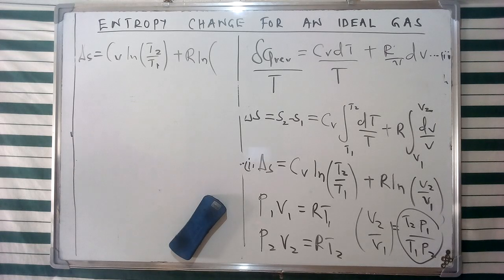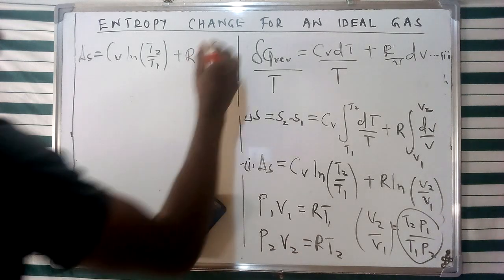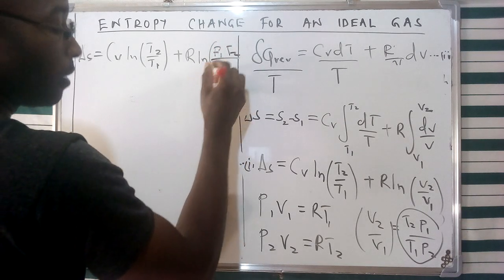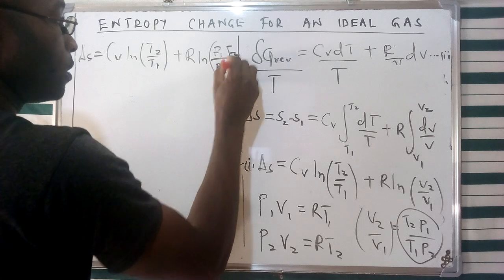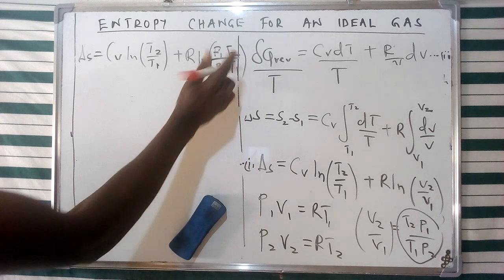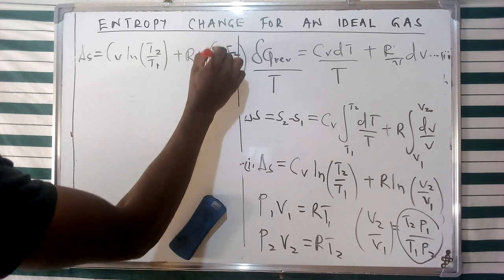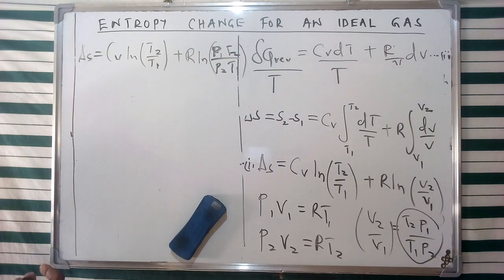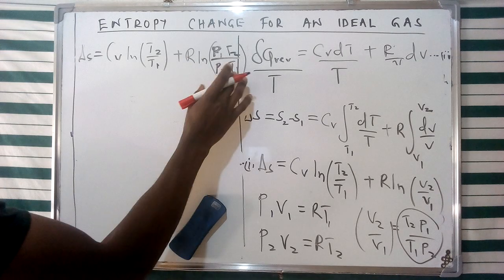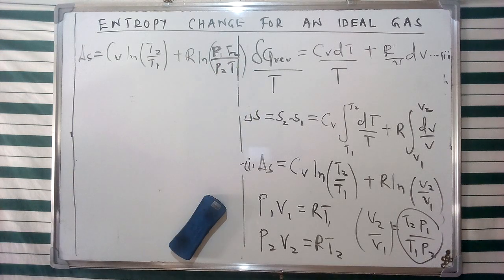We do a substitution for V2 over V1, whereby we have it as P1 T2 all over P2 T1. From logarithms, we see that P and T have an inverse proportionality, so we can separate these two aspects of pressure and volume.